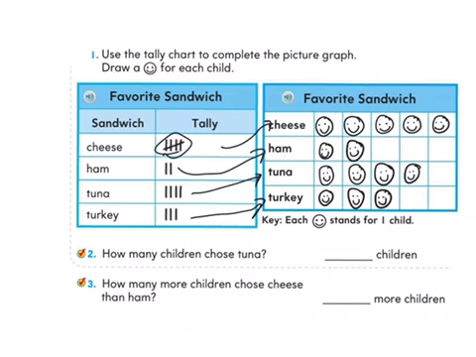Well, from both charts we can see 4 children chose tuna. How many more children chose cheese than ham? We know if it's how many more, we've got to subtract. So that means we do 5 minus 2, which is 3.